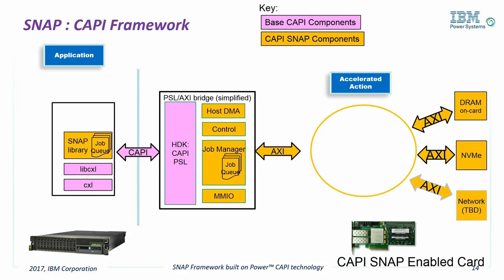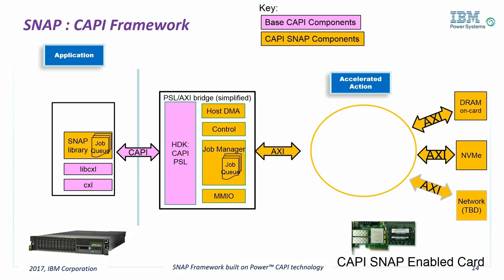The infrastructure talks directly to the PSL, thereby hiding from the programmer the complexity of the PSL's cycle-by-cycle computer-engineered interface specification. We use industry-standard AXI interfaces to communicate between the FPGA components and the accelerated action.